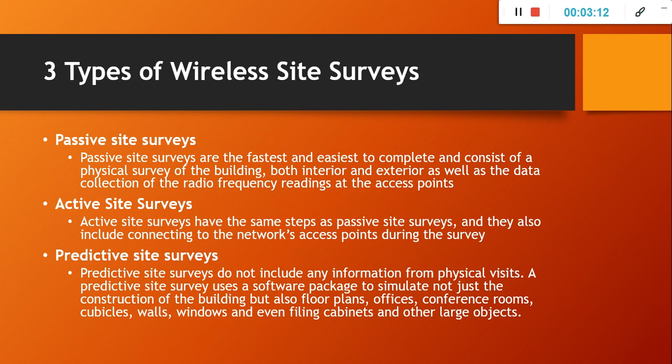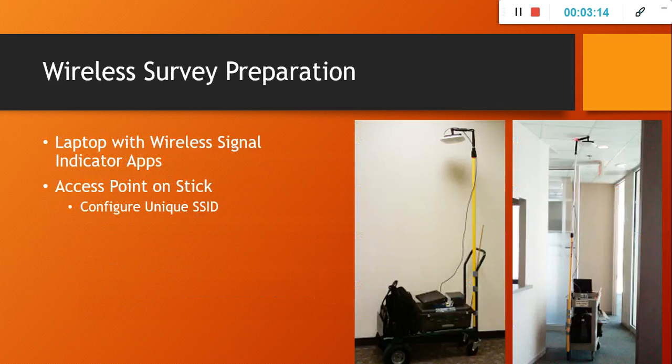So the wireless survey that I usually do is a combination of these three types. First of all, when we are doing the survey, the preparation that we need is, of course, a laptop.